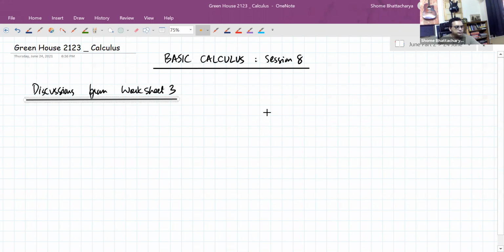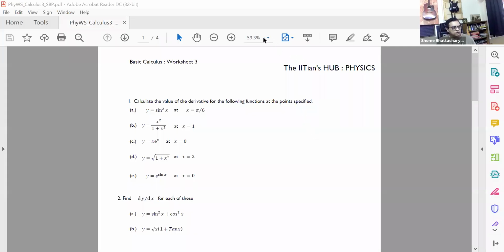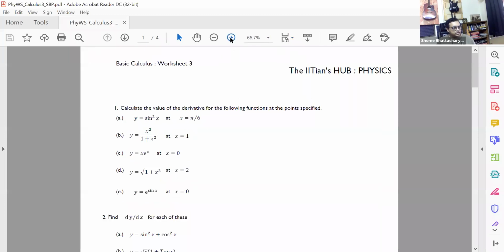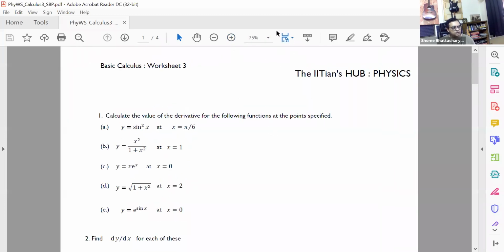Let's go through the worksheet and a few of the questions in it. Just go through the first question and tell me if there's a doubt in any of the parts. Okay, D part, let's start with this then.